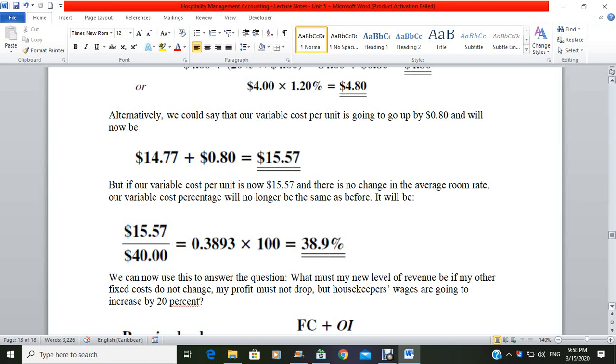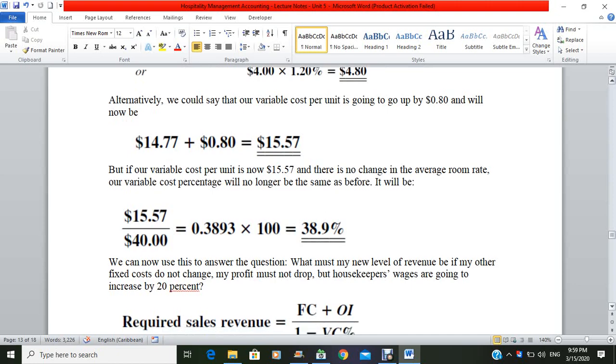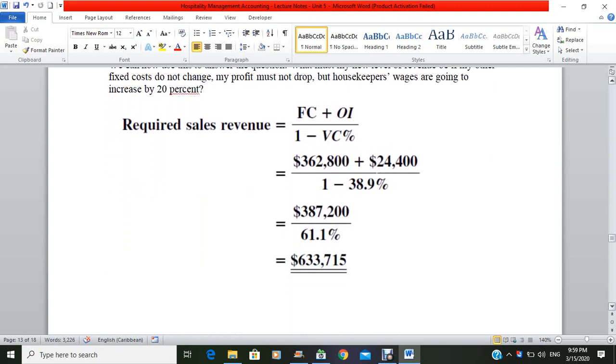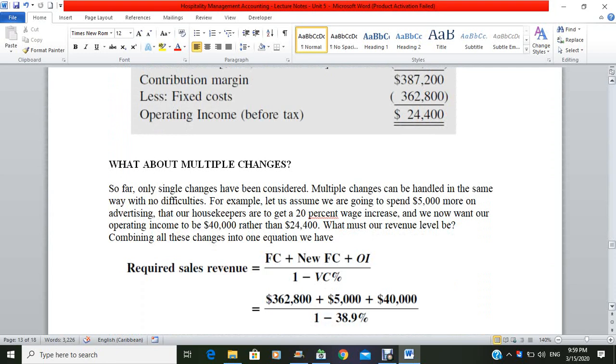That's the reason they change, because of a 20% increase in wages for housekeepers. Just watch, and rewind if you want, no problem. We are working with the same 20% increase, but we are adding in something more.